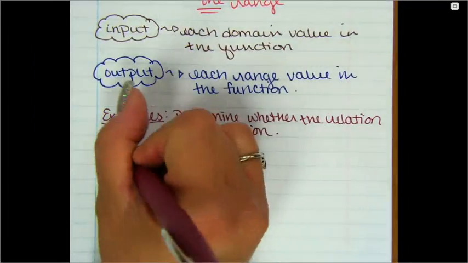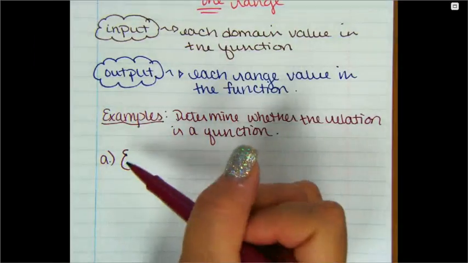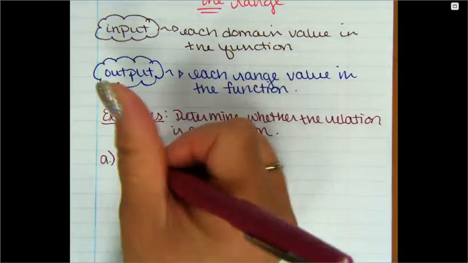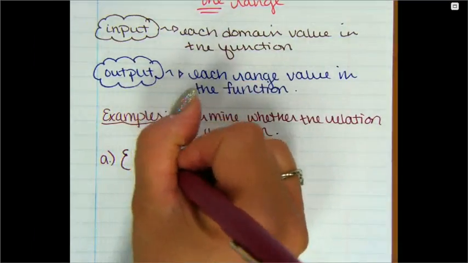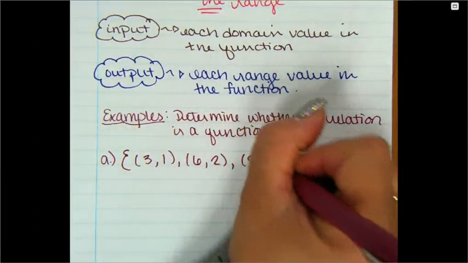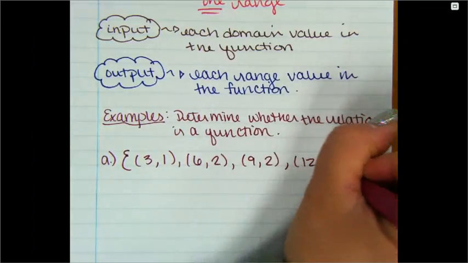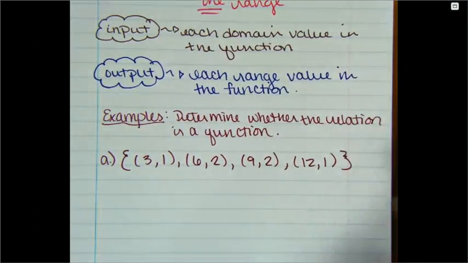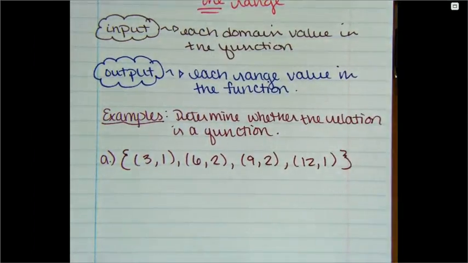Our relation looks like this. They put these weird little bracket things, and then they give you the ordered pairs: (3, 1), (6, 2), (9, 2), (12, 1). So determine whether each relation is a function.